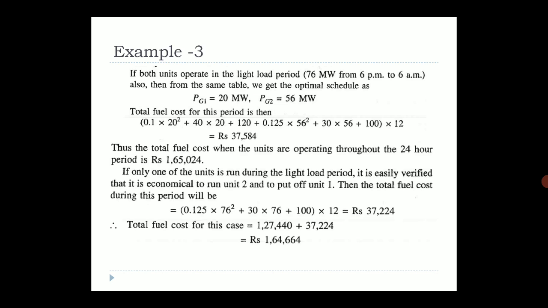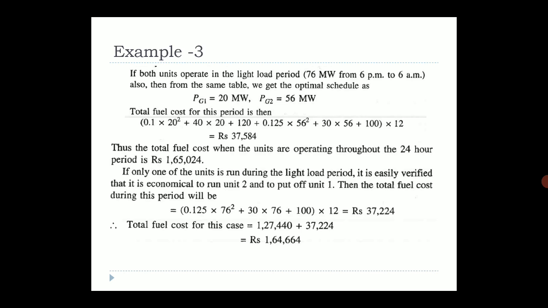Now you are saying that it is much more economical if we switch one generator off. If only one unit is run during the light load period, it is easily verified that it is economical to run unit 2 and put off unit 1. How do you know it is economical? Let us do it.